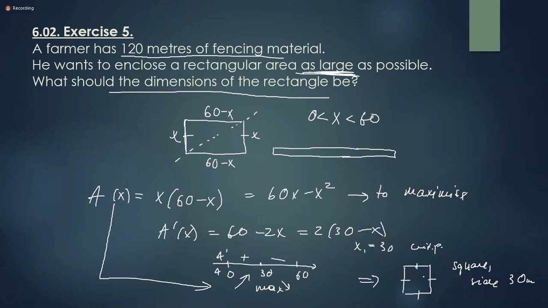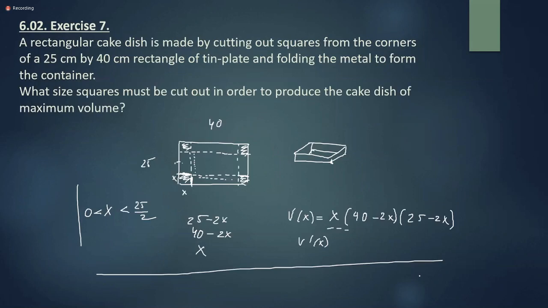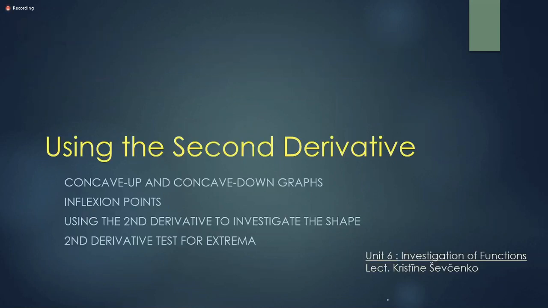So basically, we might even say the bees know what they are doing, because they are creating their honeycomb in the shape that requires the least amount of wax. That can be demonstrated. But now, second derivative and its uses.